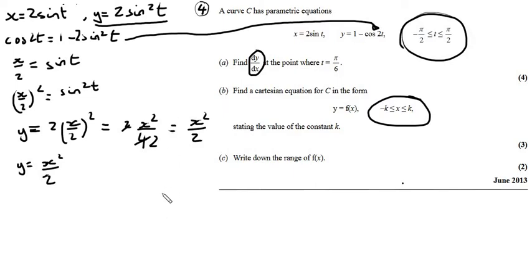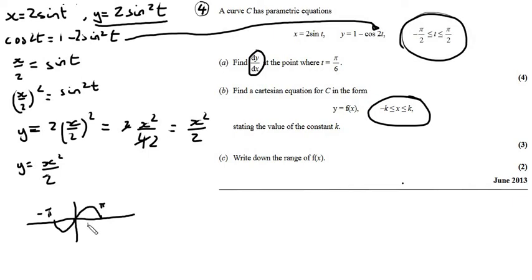Okay, so let's just think about a sine graph. So this is the graph of sine, between negative pi and pi here.